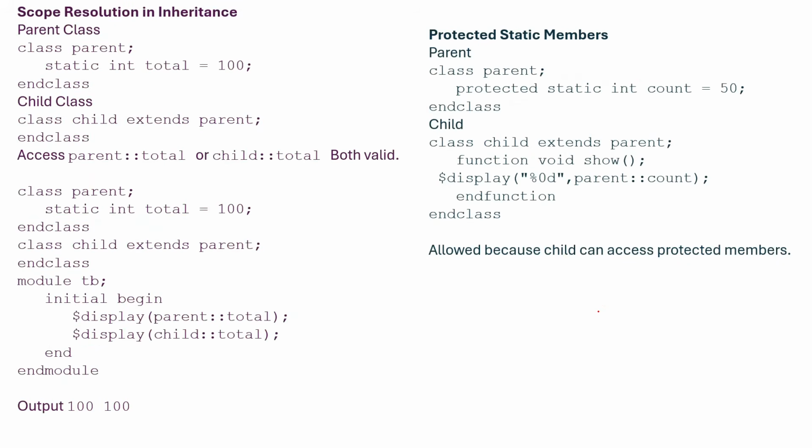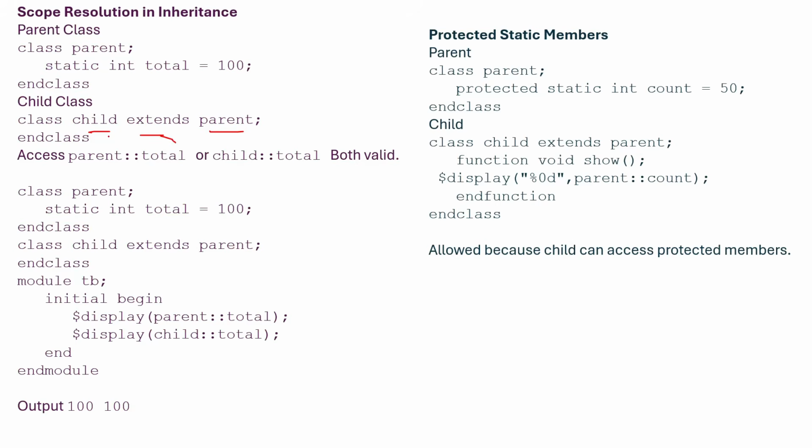Inheritance means through extended classes. For extended classes also we can call the scope resolution operator. See, class parent is the base class, and then class child extends from parent.